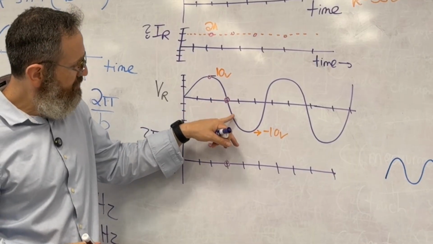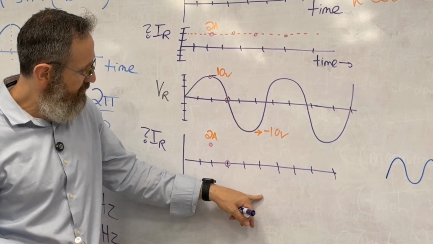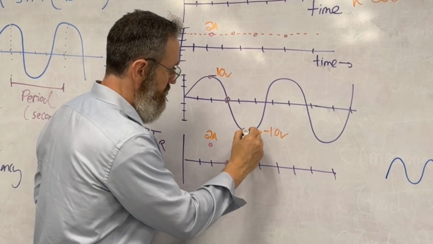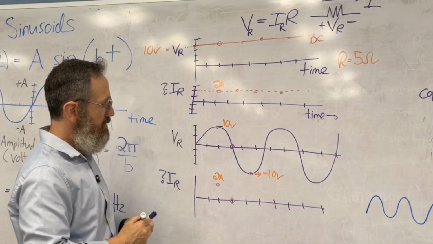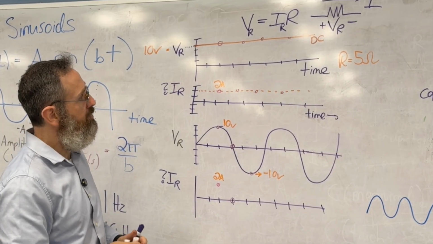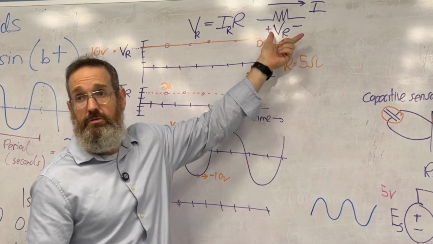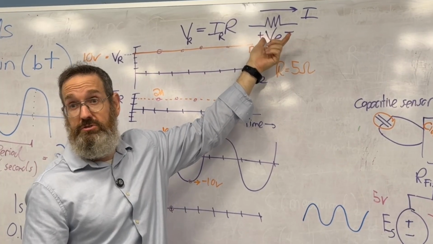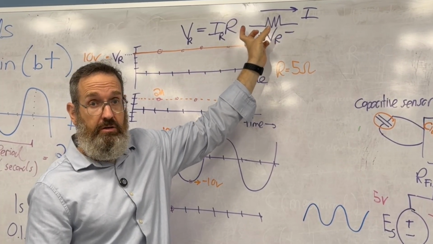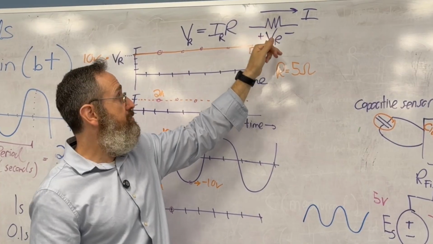Now the voltage then becomes minus 10 volts. So now I'm interested in this point here. Well, now there's 10 volts. What's the current? Now, we need to be a little bit careful, because we have 10 volts, but 10 volts like this. So it's from here to here.